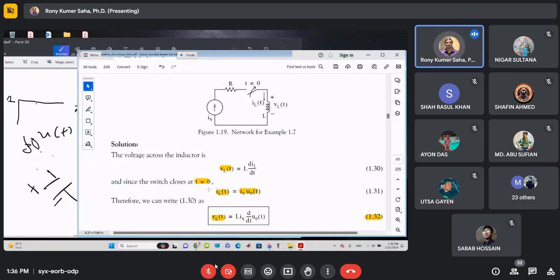So now put these values of IL here. We'll say VL is L times the derivative of u(t). Can anyone tell me what the derivative of u(t) is?